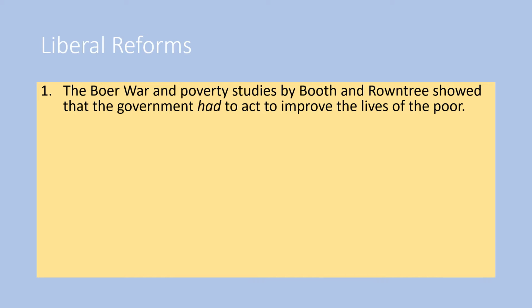One of the things that really shocked the government is the poor condition that a lot of the men were in who turned up for military service. A vast majority of them were turned away because they were so unfit and so unhealthy that they weren't able to be soldiers.